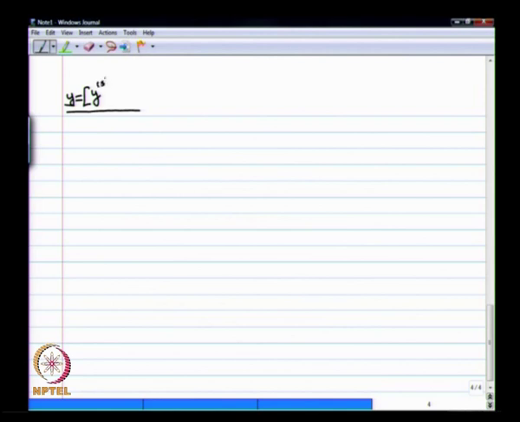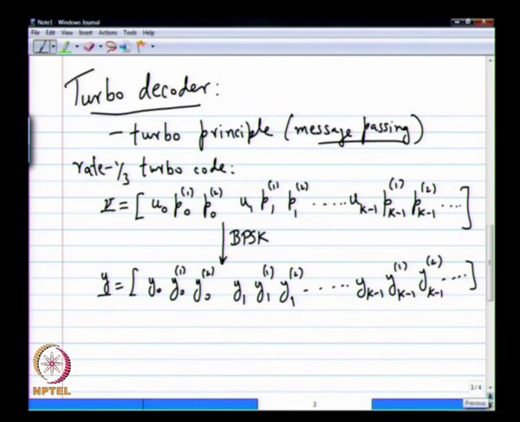I'll put s here to denote it's the systematic vector, and then I have the y1 vector, which is the received values corresponding to the first parity, and then I have y2. This is a bit different from what I had before. When you transmit, maybe you transmit like this, and then you can do a rearrangement. What is the rearrangement? Take all the systematic things together, because I am going to think of them as one block.